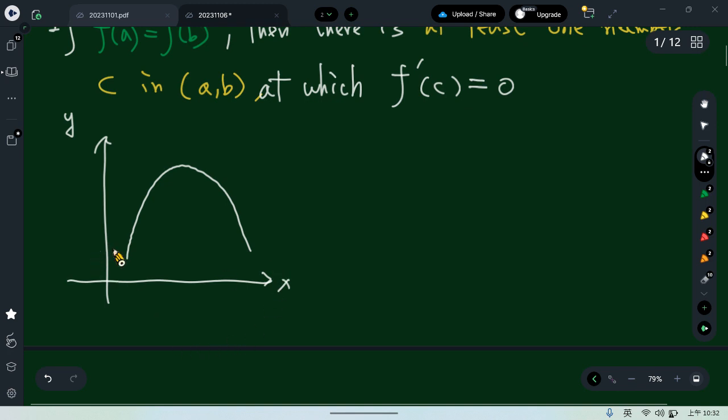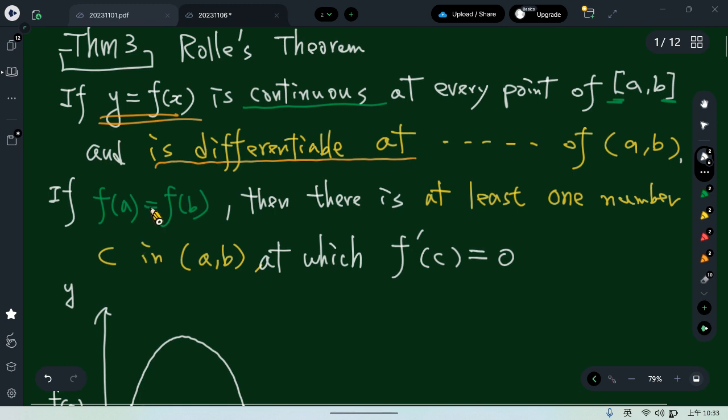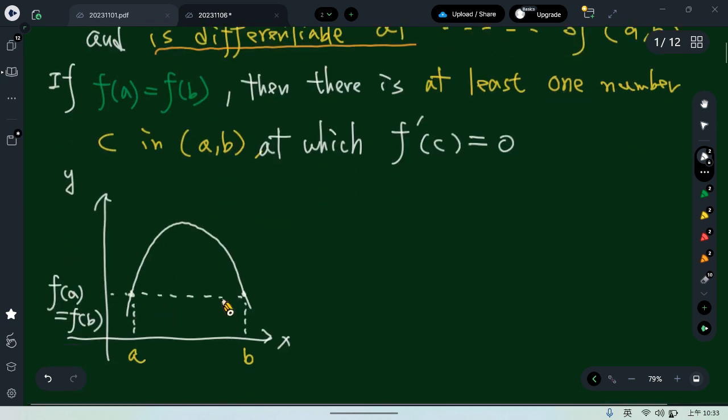We just focus on this type. Then there is an A here, and there is also a B here. The situation is these 2 points have the same function value. Okay? So if f of A is equal to f of B, it means they have the same function value.